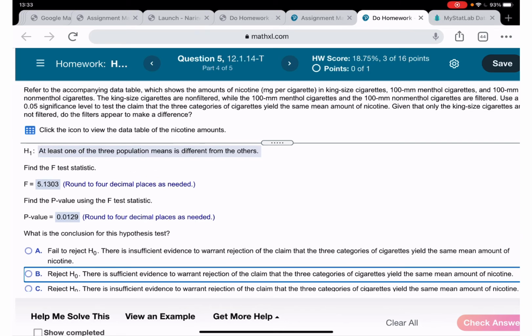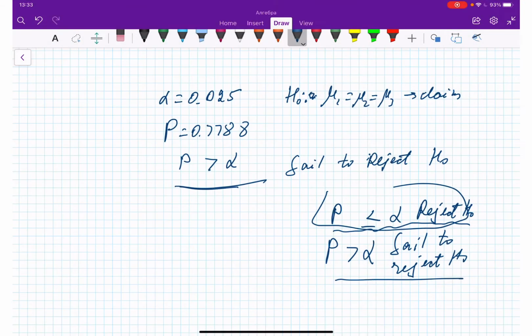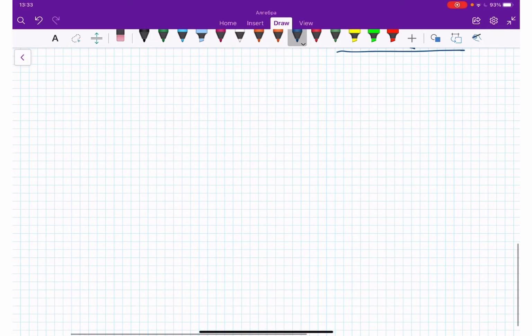Since we have the F test statistic, we can use the significance level alpha, let me show you. We have alpha 5%, the p-value, and the F test statistic.